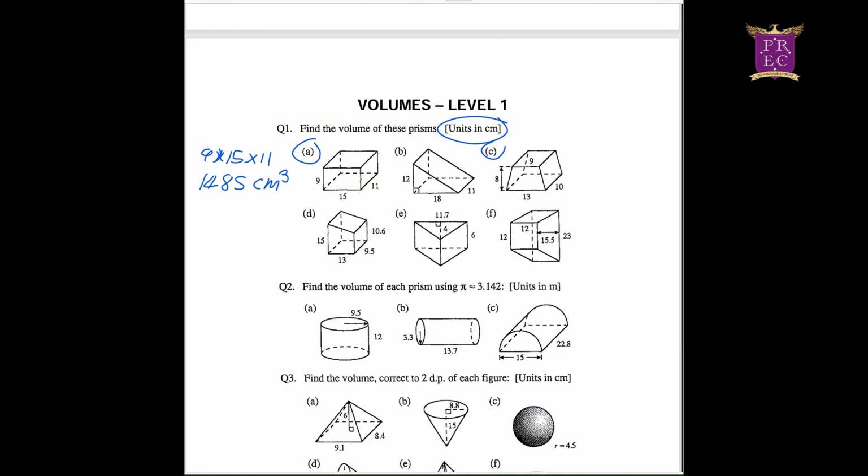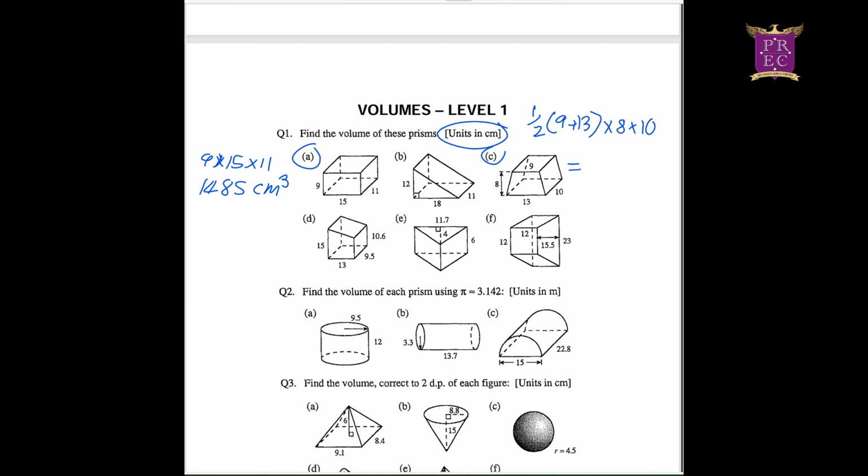Look at this trapezoidal prism. What's the area of the front-facing side? To find out that, what we need to do is half a plus b, so 9 plus 13, times by the height. What's the height here? 8. Times by the length, which is 10.